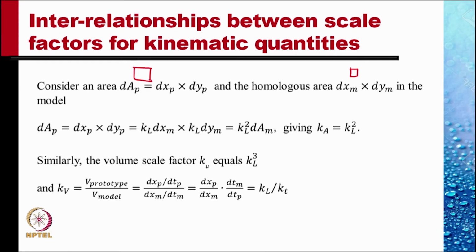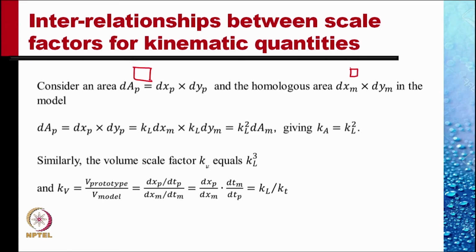And the velocity scale factor is velocity in the prototype divided by velocity in the model. The velocity in the model would be dxm divided by dtm. And this simplifies to dxp over dxm into dtm by dtp. The first one is KL, and the second ratio is the inverse of KT, because KT is dTp over dTm.